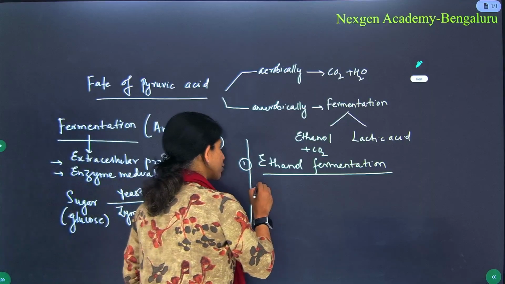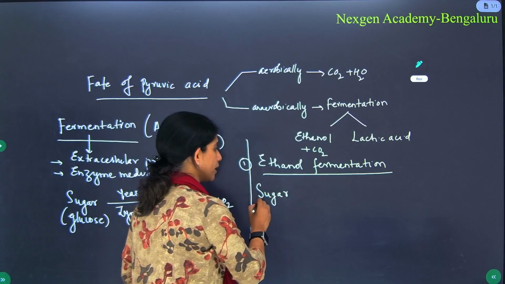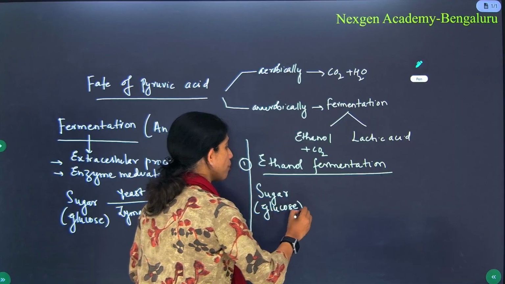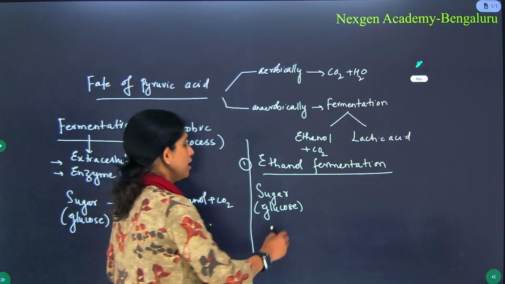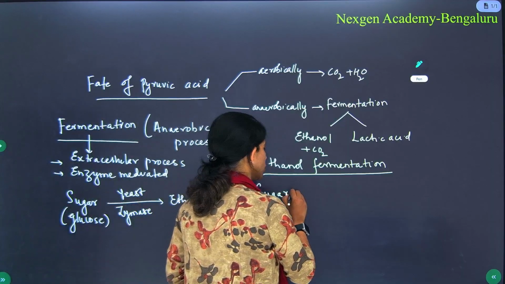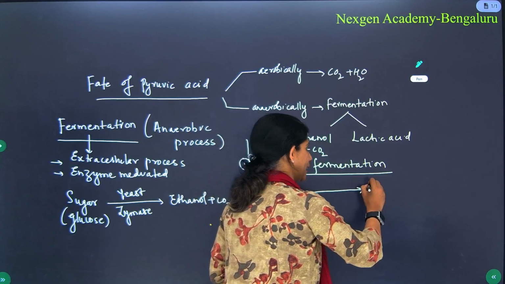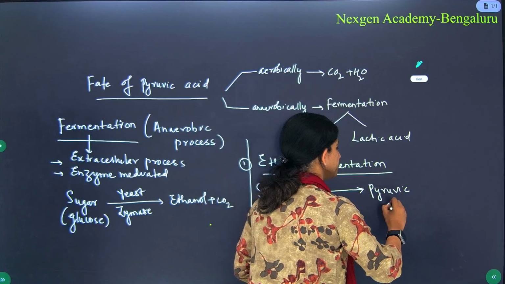What is the substrate here? Sugar, right? For example, the type of sugar most commonly used by most organisms is glucose. So sugar or glucose will first undergo partial breakdown to form pyruvic acid.